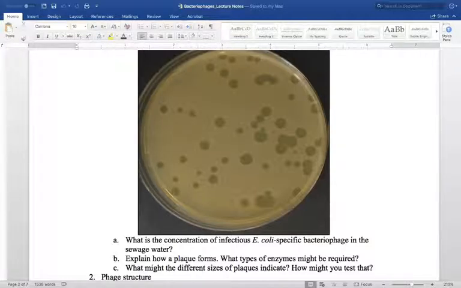And what we did on Friday was take one of these plaques, resuspend it in some buffered solution, and then do serial dilutions and plating of it. And lo and behold, there are new plaques on those plates where we did serial dilutions. So this is a way to propagate or to grow those phage.